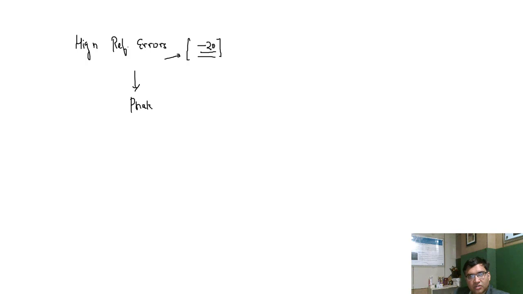What I do in phakic IOLs is, let's say this is the cornea, this is your iris, and this is my lens. I put a small intraocular lens between the iris and the lens.